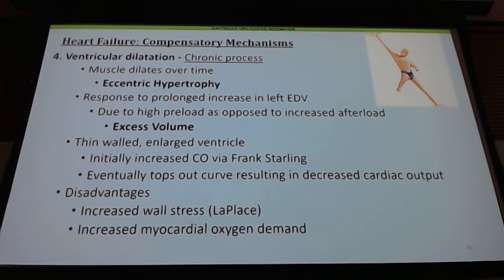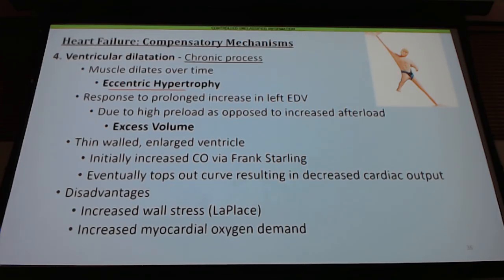Now on the other side, if I have a volume overload problem, you can get eccentric hypertrophy. And this is because that stretch is just so much, because that volume is just so much, I developed this compensatory change at the myocardial cell level in order to decrease that stress, that stretch.